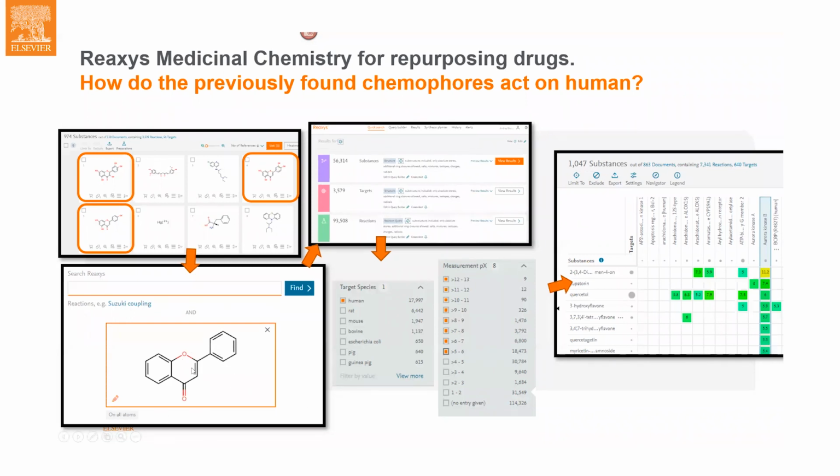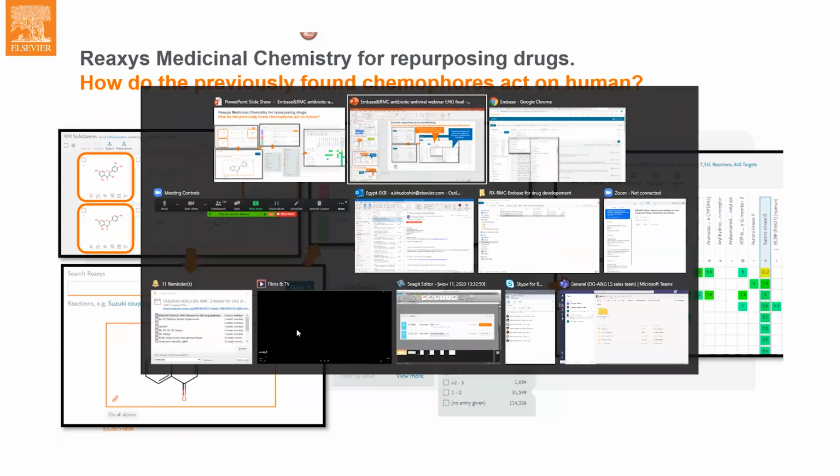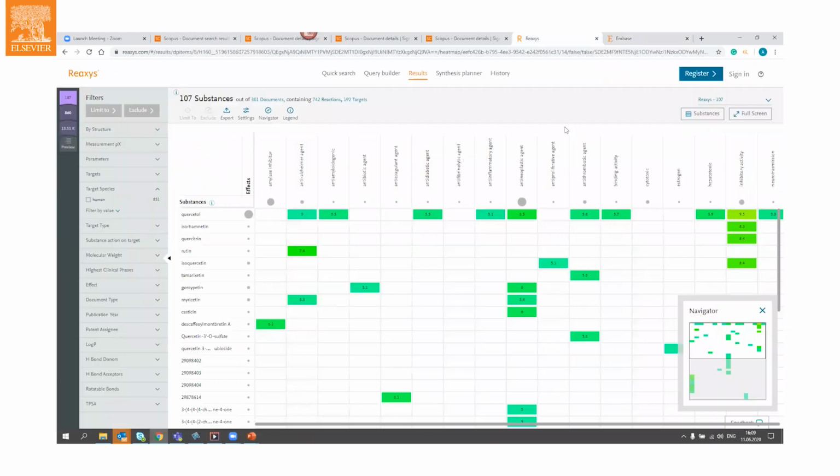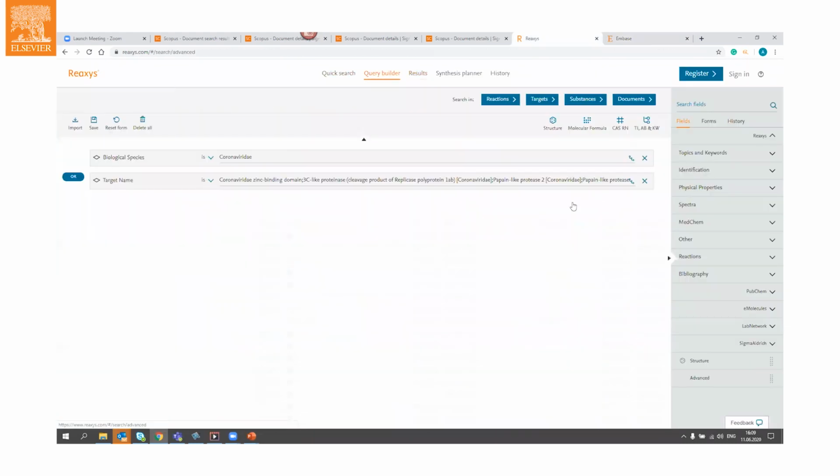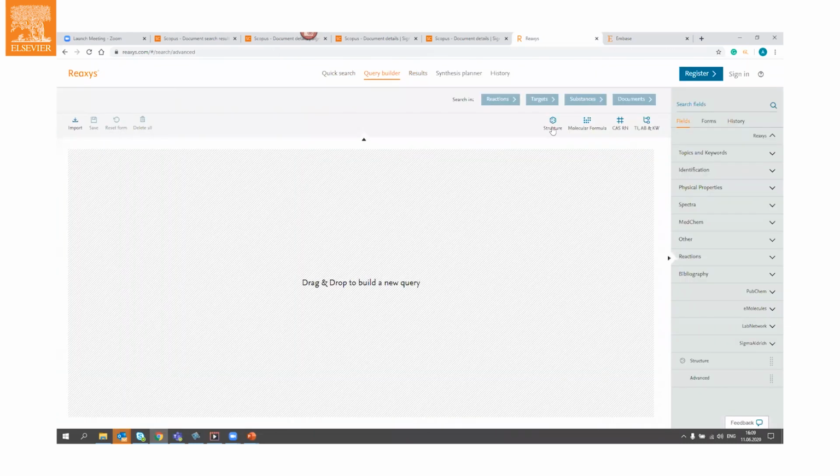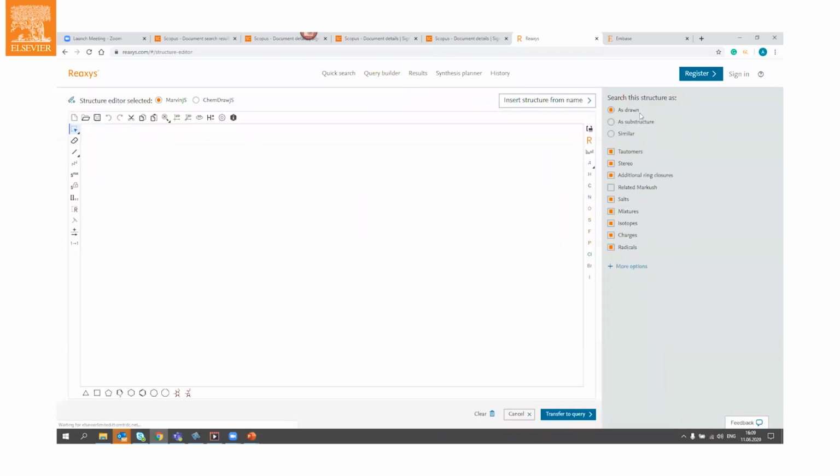And when you draw this molecule, you should search all derivatives of this molecule. I will remind you: to search derivatives, you need to click search as substructure or even similar.